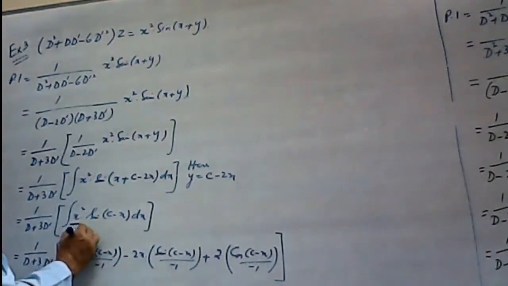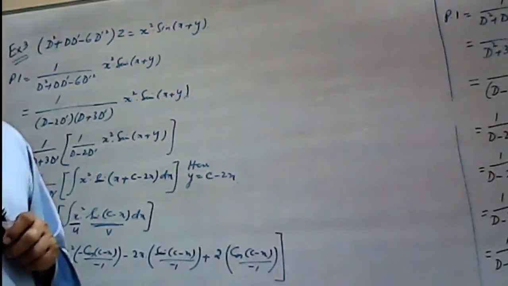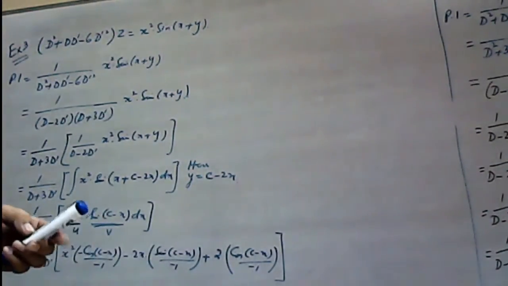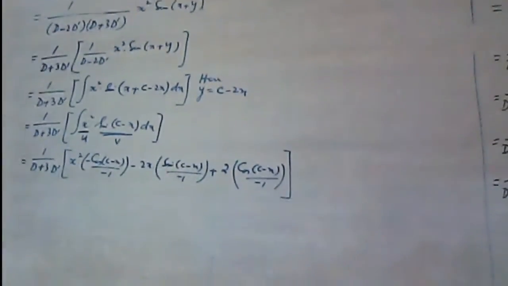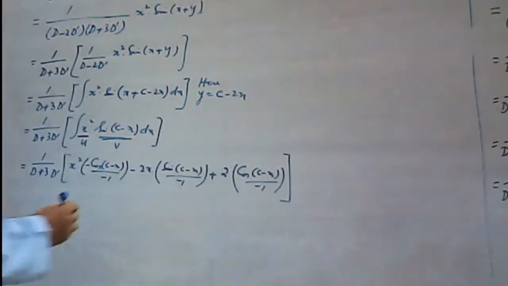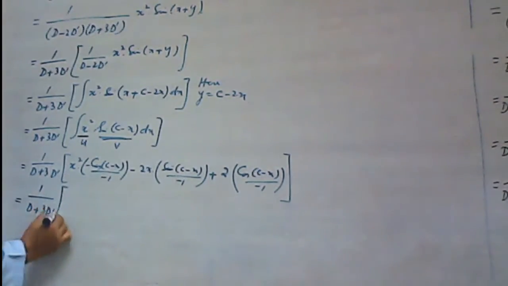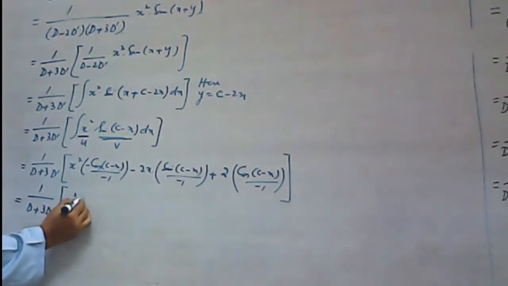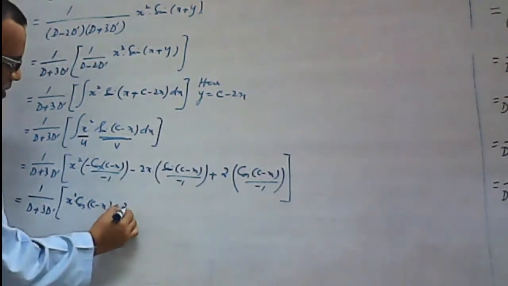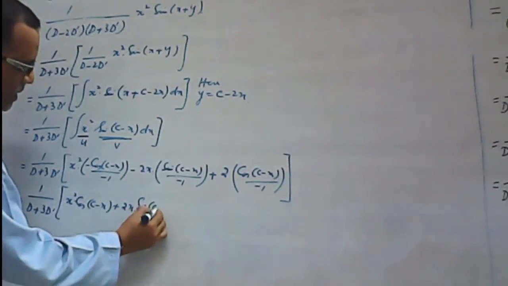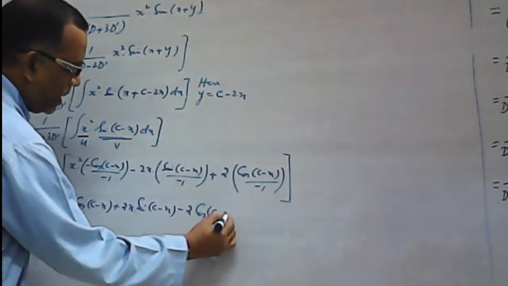This term is u and this term is v. So now simplifying and back substituting the value of c, this will be equal to 1 upon (D plus 3D dash) of x square into cos(c minus x) plus 2x sine(c minus x) minus 2 cos(c minus x).